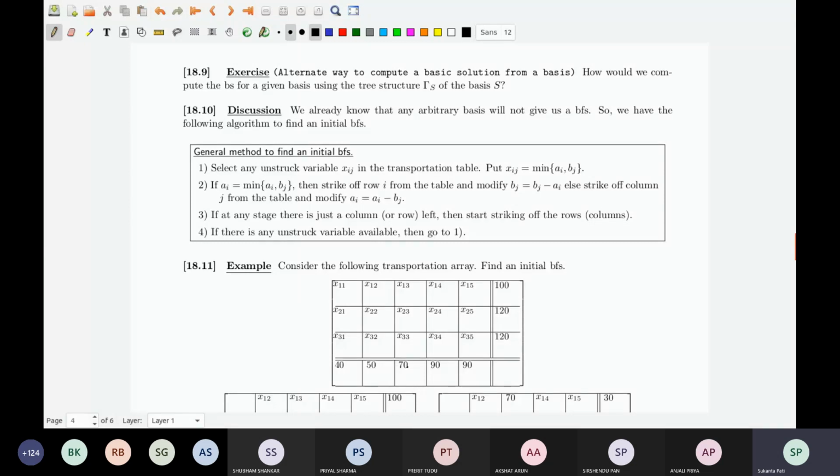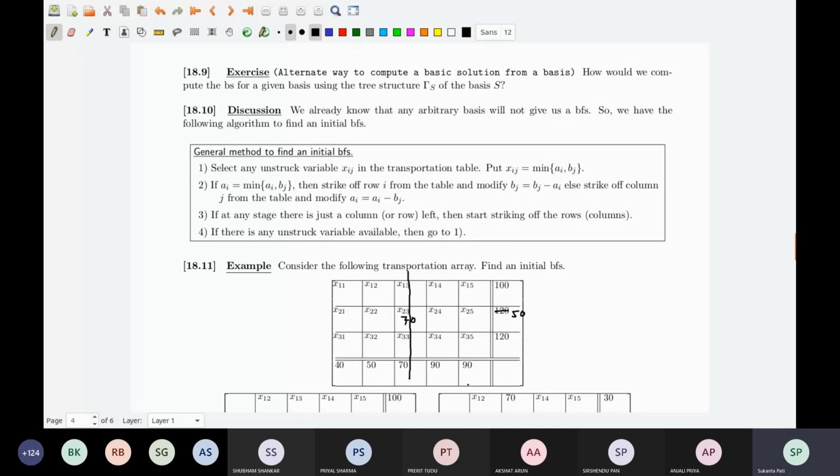Whatever is the minimum, you give that value, 70. Because it matched this, you strike that column up. That is gone, and modify this, because 70 is gone, to 50.